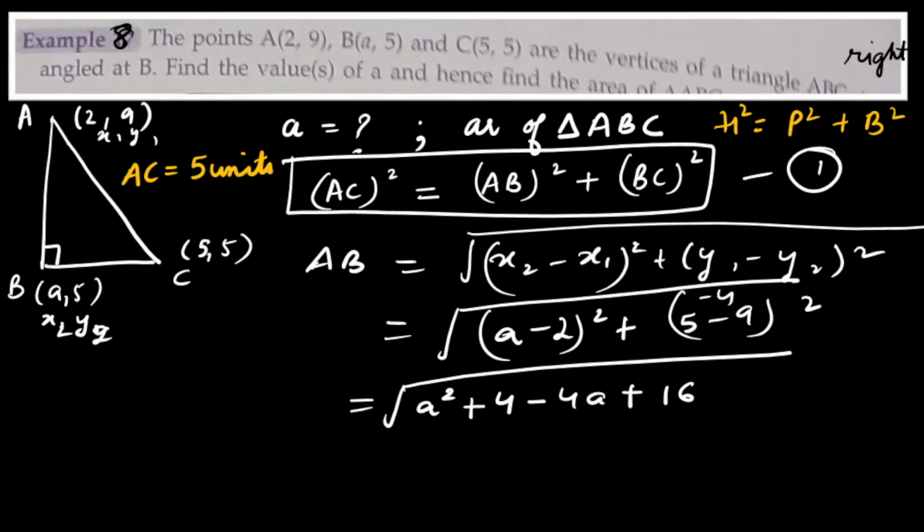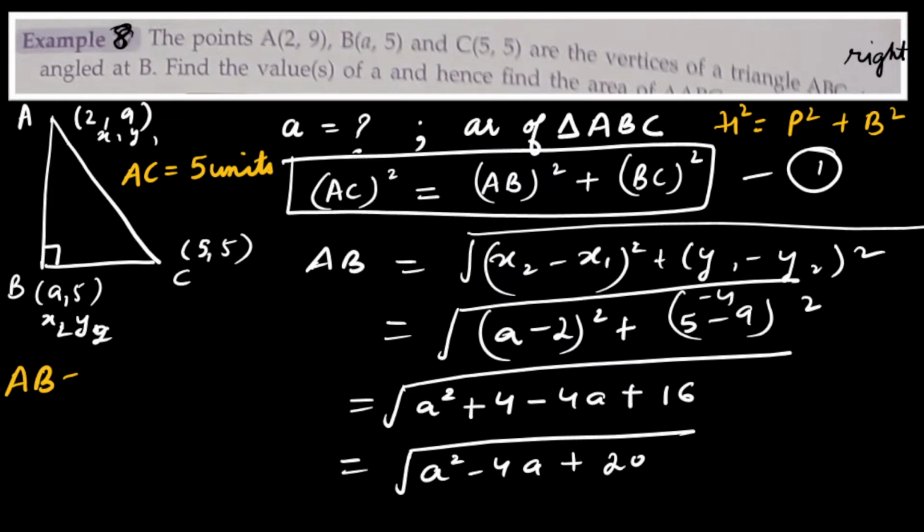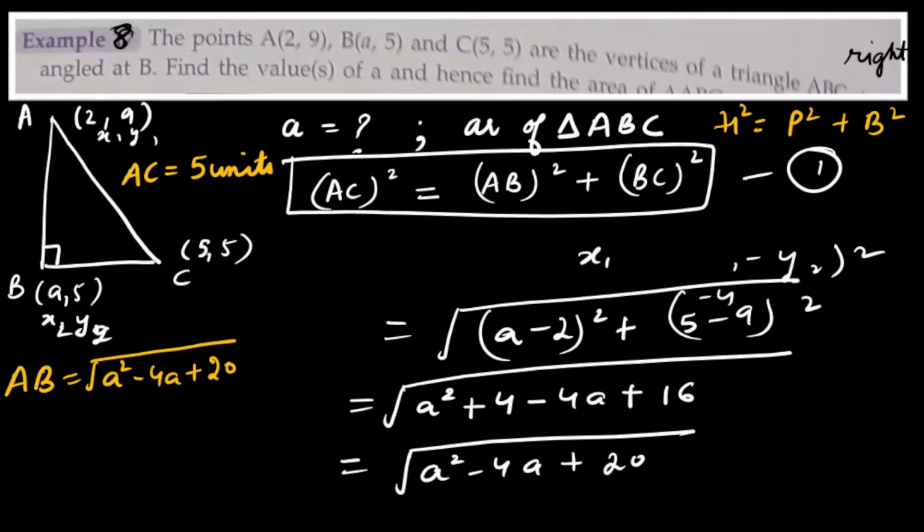I am doing it directly, because I assume now we have done so many questions, you know how to apply identities. So what I will get is A square minus 4A plus 20. Are you all getting the same distance? So AB we are getting square root of A square minus 4A plus 20. Are we on the same page? Yes.